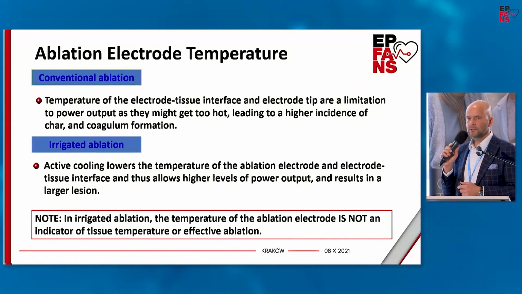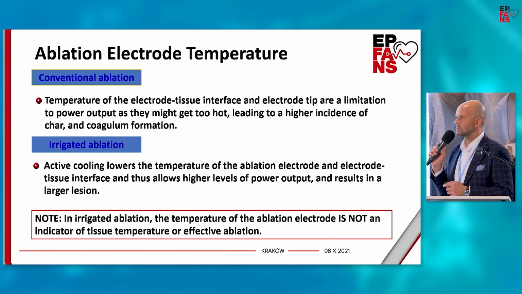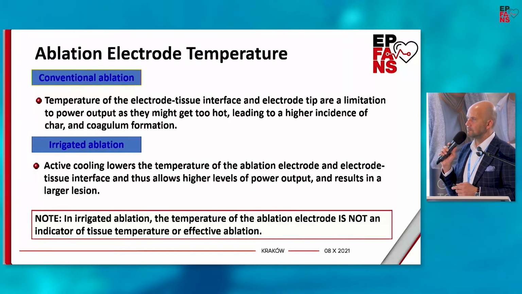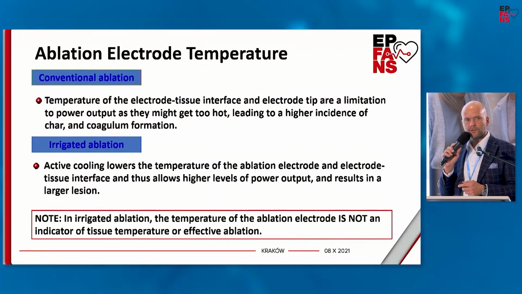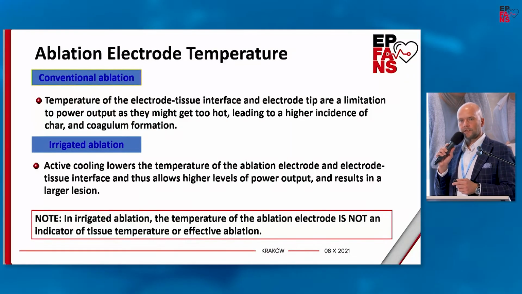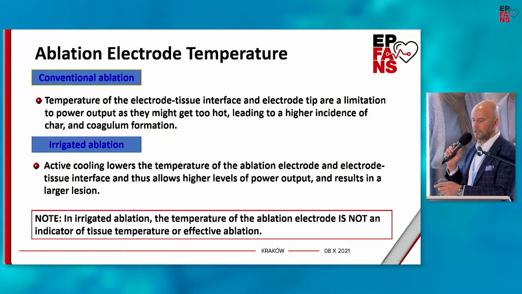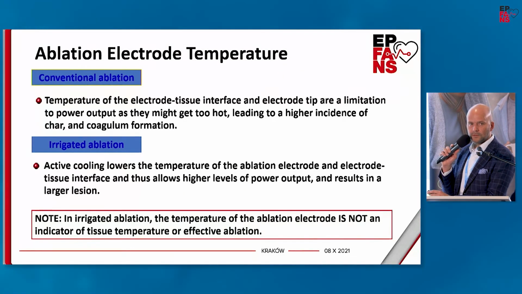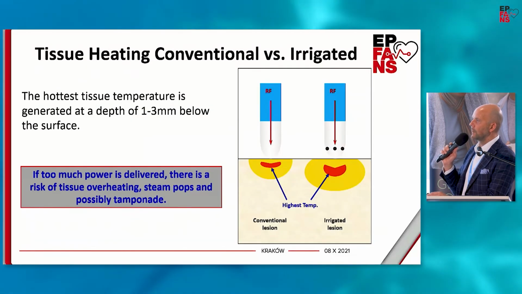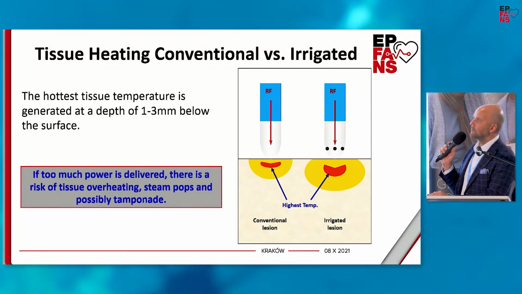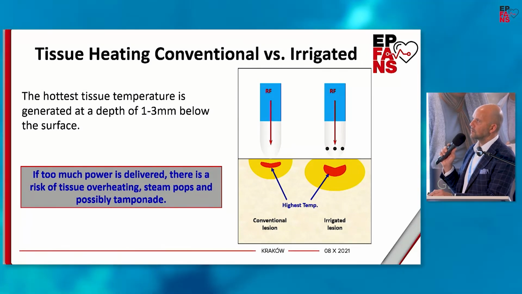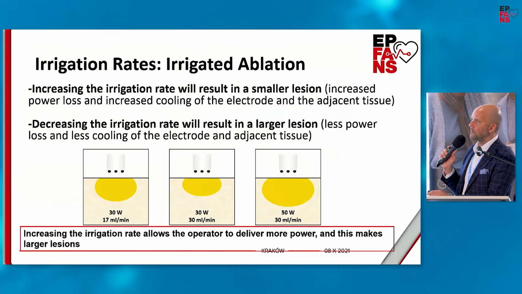Thus, while we see safe temperature values of 32 to 33 centigrades, it does not guarantee that we are not overheating the tissue. Again, in case of irrigated catheter ablation, the highest temperature is obtained deeper within the tissue than during conventional ablation.